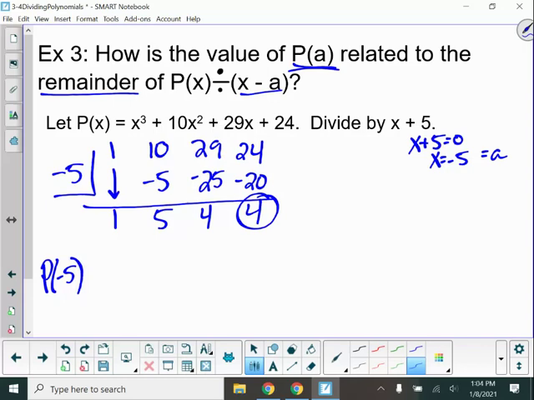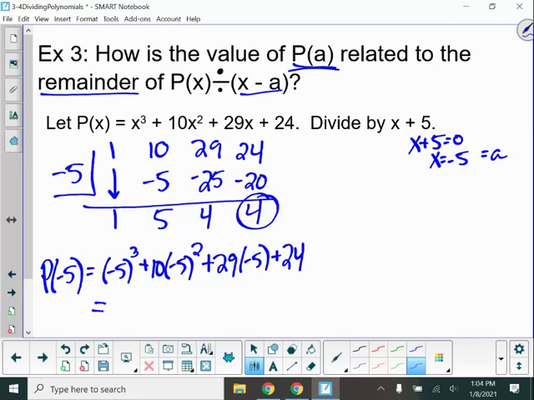Well, if I take a look at p of -5, that's -5 cubed plus 10 times -5 squared, plus 29 times -5, plus 24. And when you do that math and simplify, you end up getting 4.